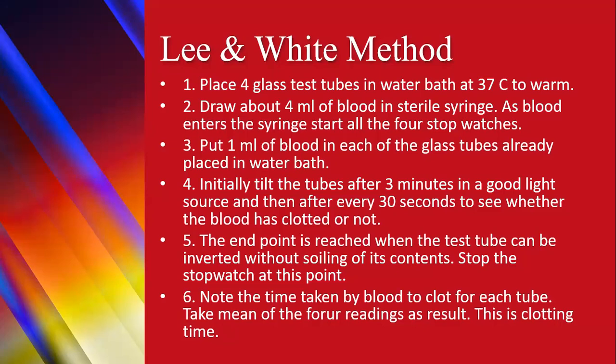When you see the clot formation in the four test tubes, note the time for all test tubes, then calculate the average. The endpoint is reached when the test tube can be inverted without spilling of its content.